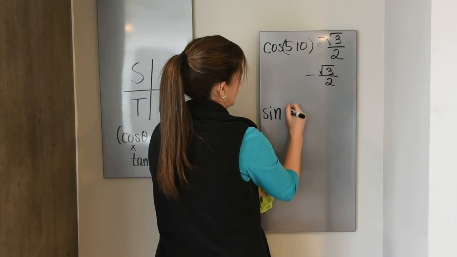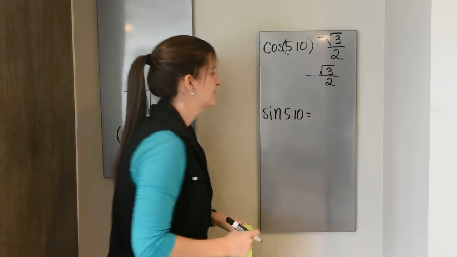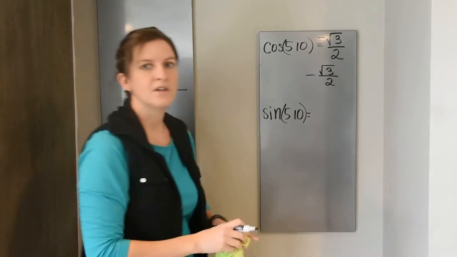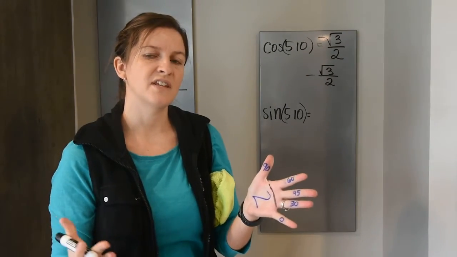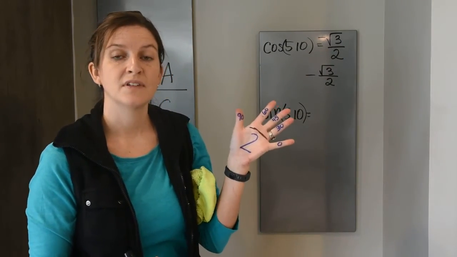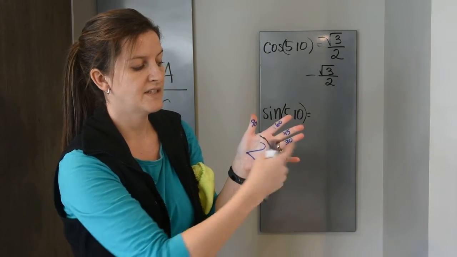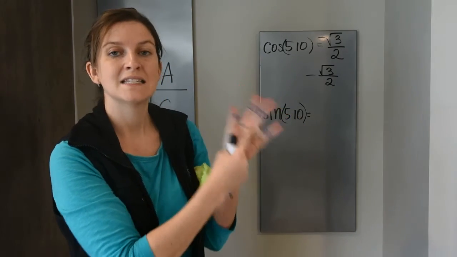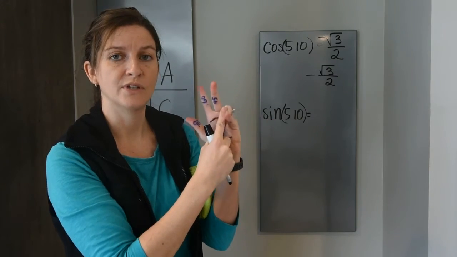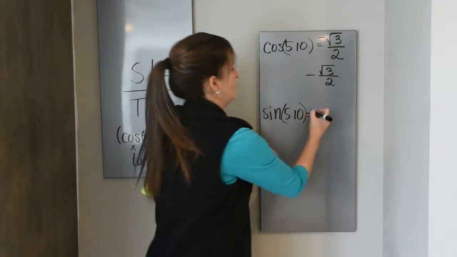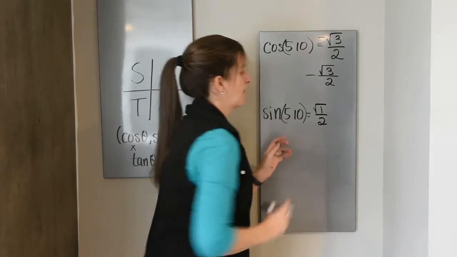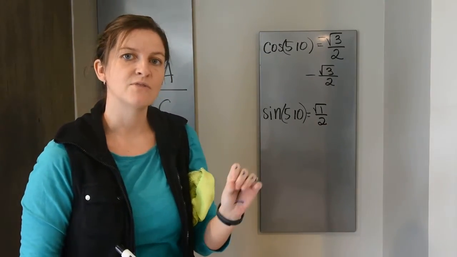Alright, so let's do sine of 510. So we just determined the reference angle of 510 was 30. Go to your fingers, pull the 30 down. This is 0, 30, 45, 60. Pull your 30 down. Sine is the square root 1 over 2. Leave it there for just a moment.